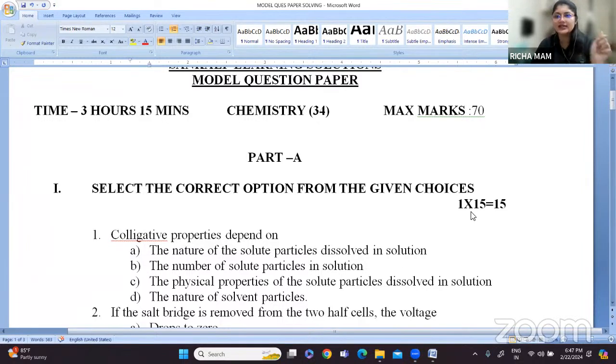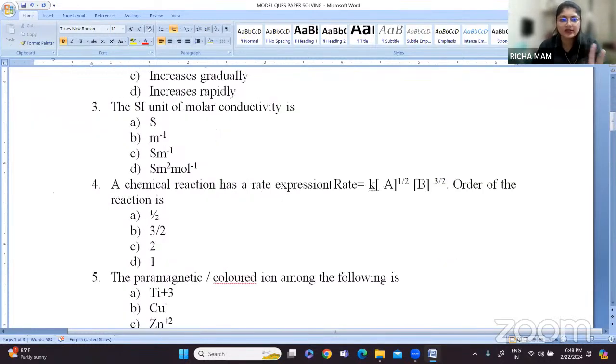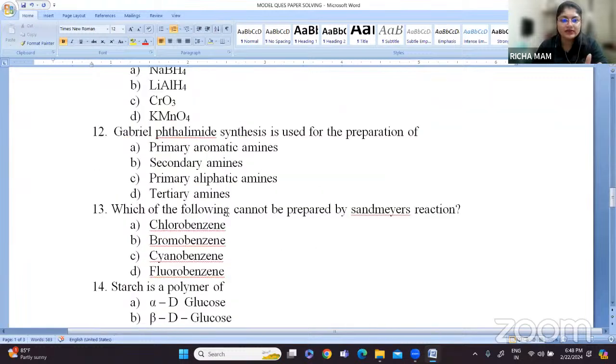No writing, scribbling, and again writing. Only one time the answer will be considered. So 15 questions, 15 marks. Each correct answer you will get 1 mark. If there is a wrong answer, there won't be any mark. So 1 mark will be deducted like that. So these are the 15 questions.